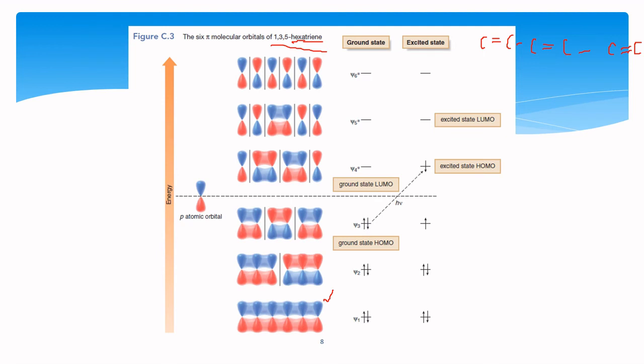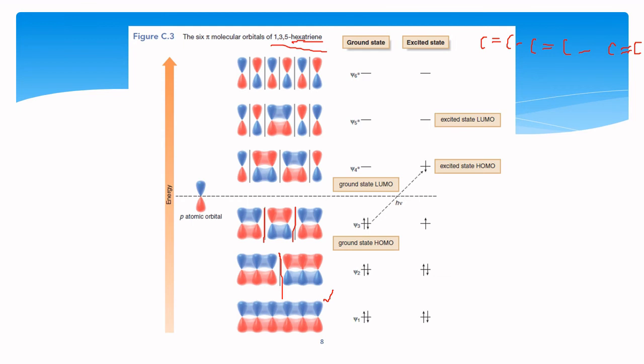And then we have another level, which is 3 p orbitals overlapping, and another 3 overlapping at the opposite side. So we have 1 node. And then at another level, we produce 3 pairs of overlapping orbitals with 2 nodes.